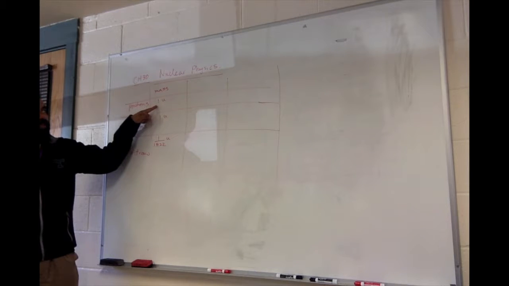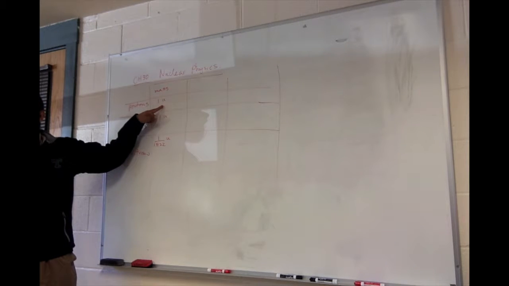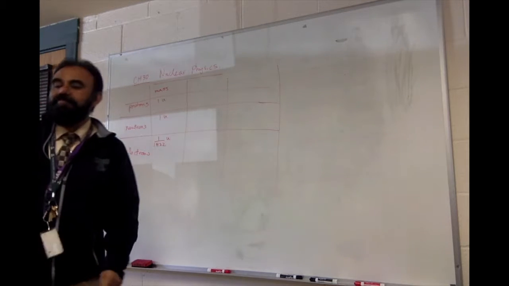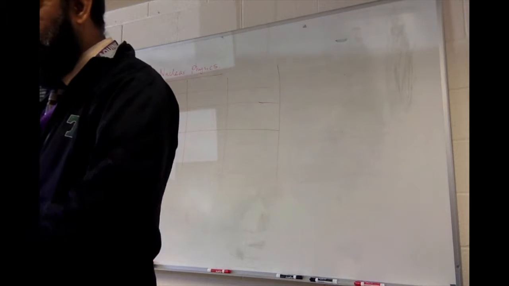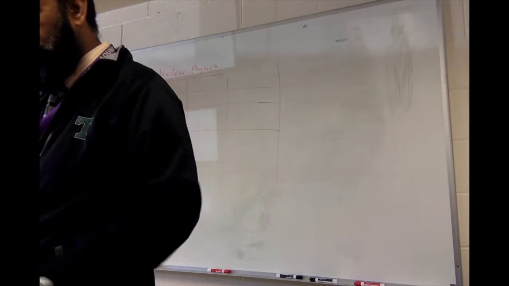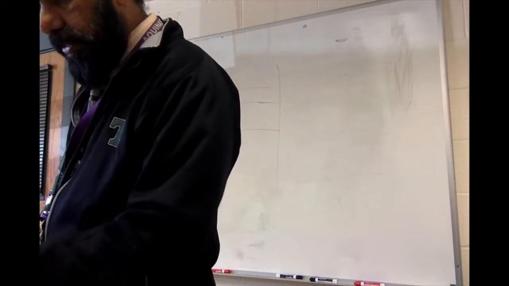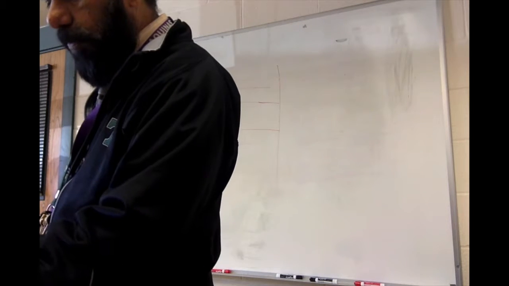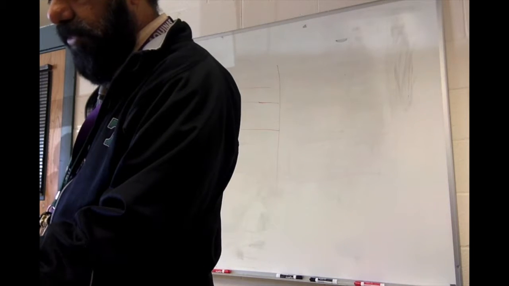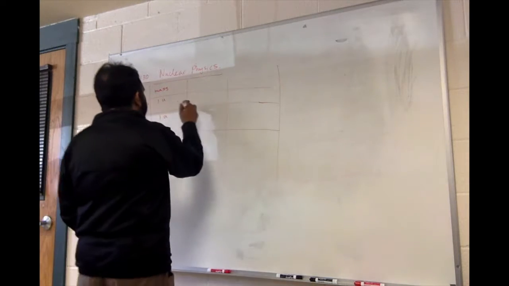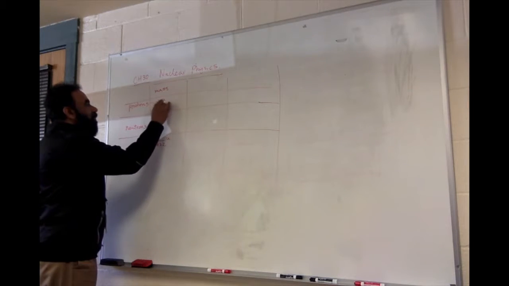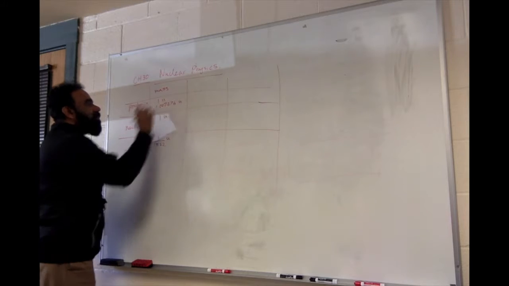Now, although we say 1 unit for the mass, it is not exactly 1 unit. I'll tell you the exact numbers. By mass spectrograph, it is 1.007276 units.